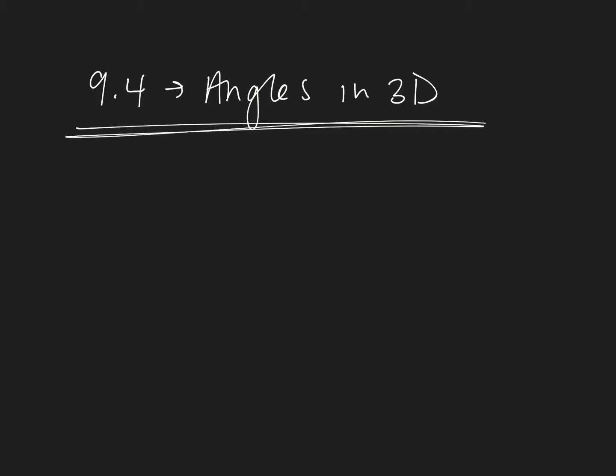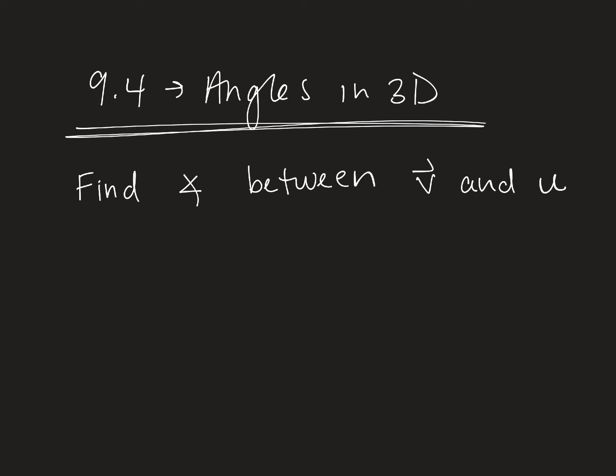So if I, for example, want to find the angle between vector v and u, no matter if they are in a two-dimensional plane or a three-dimensional plane, it's actually still a two-dimensional situation, right? If you're finding the angle between two vectors, no matter how they're oriented, it's still a two-dimensional thing.